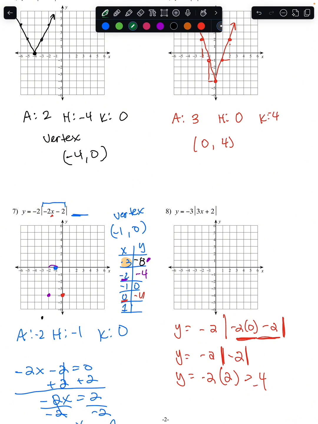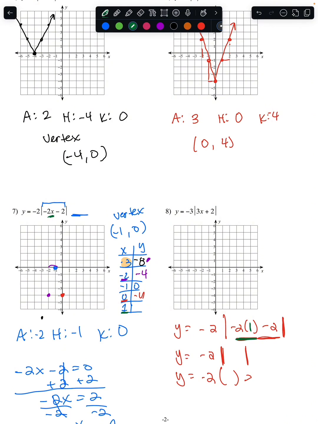And then my final one, I'll do in green. I need to plug in that 1 right here. And what I'm going to do here is I'm just going to erase that, because that stuff doesn't change. So I'm going to plug in 1 right here. Negative 2 times 1 is negative 2.